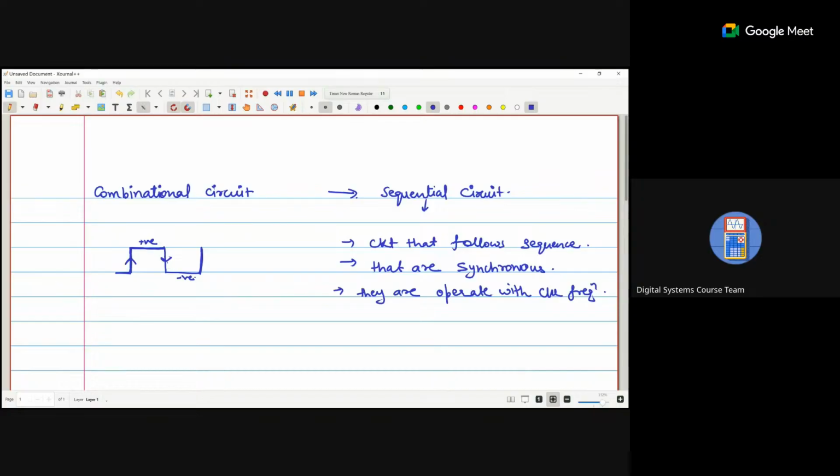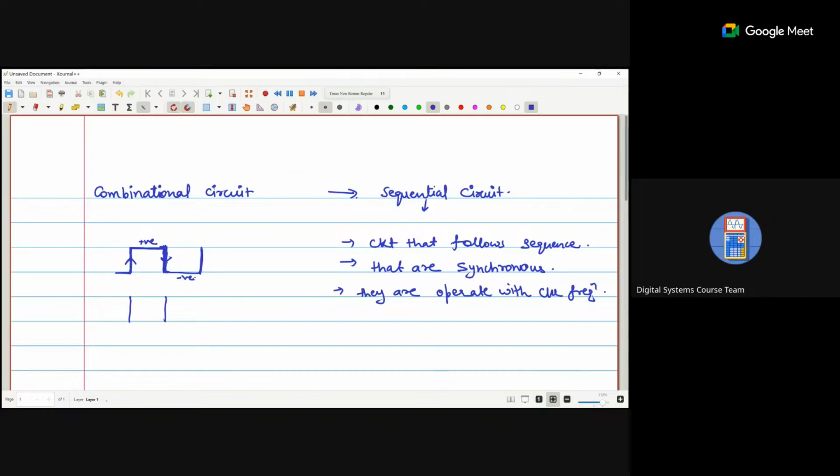Similarly for the falling edge. But ideally it is a single time instant at which it changes its level.